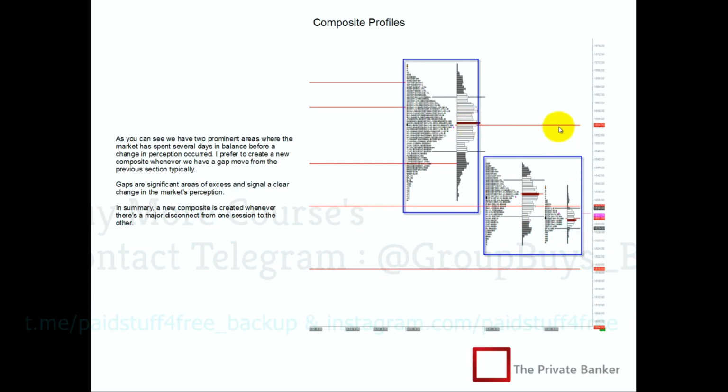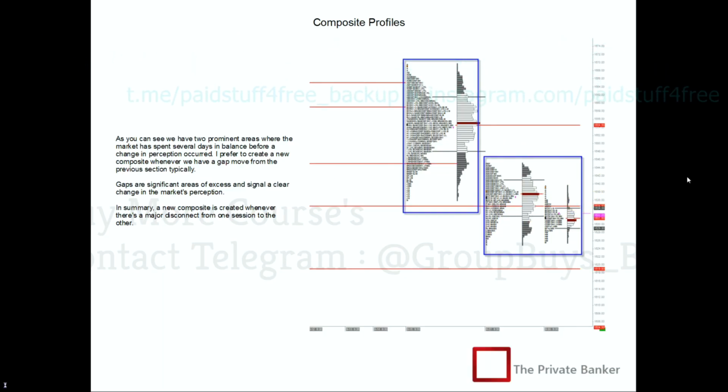And subsequently, I believe the market did run right to this level. So that's how I look at these composites, in the sense of how it's telling me structure or perception of value has changed in the markets, rather than just using a static time filter, because I think this is more dynamic and more reactionary based upon overall context.